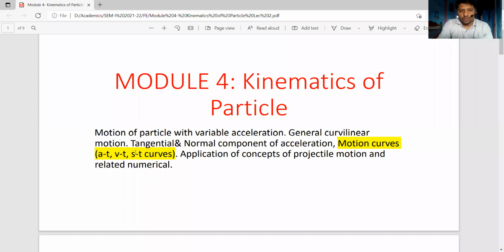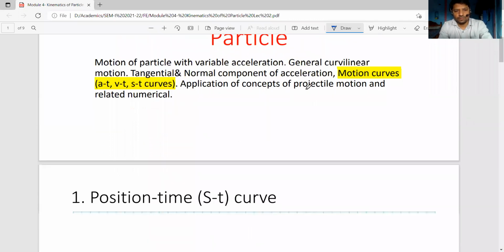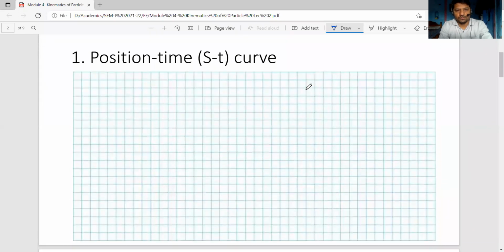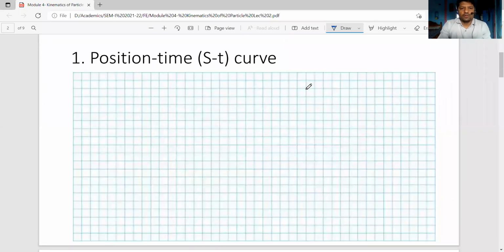So we will start from drawing the displacement time graph, the ST curve. Put the first heading as position time.